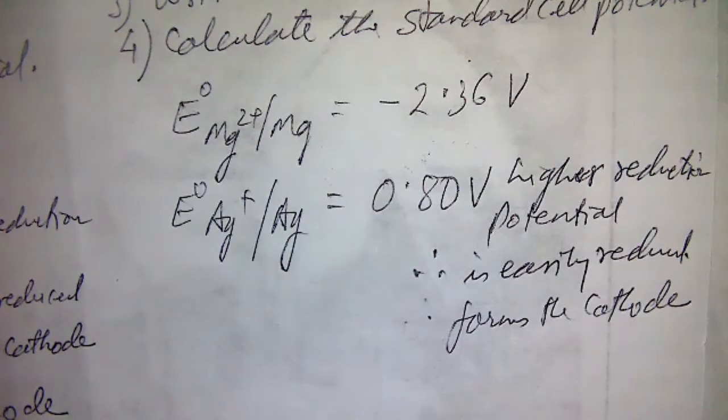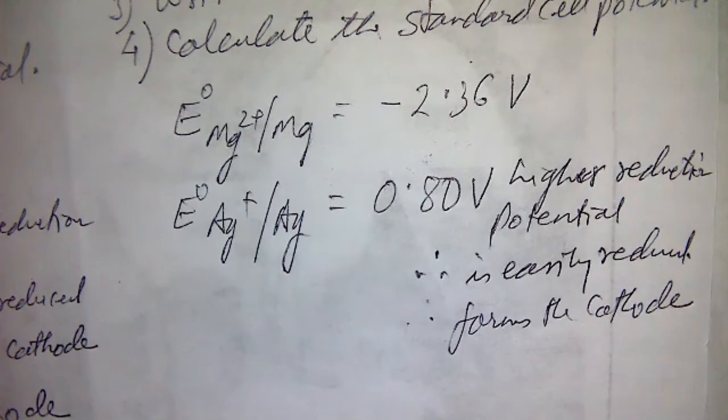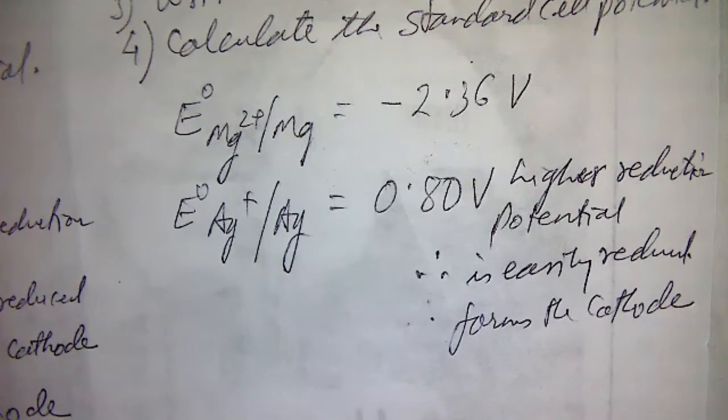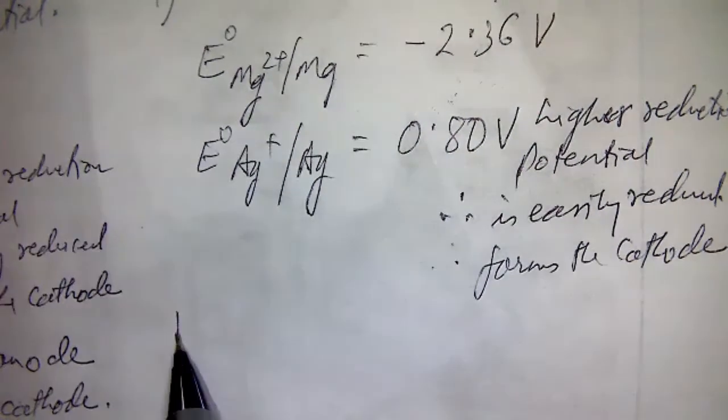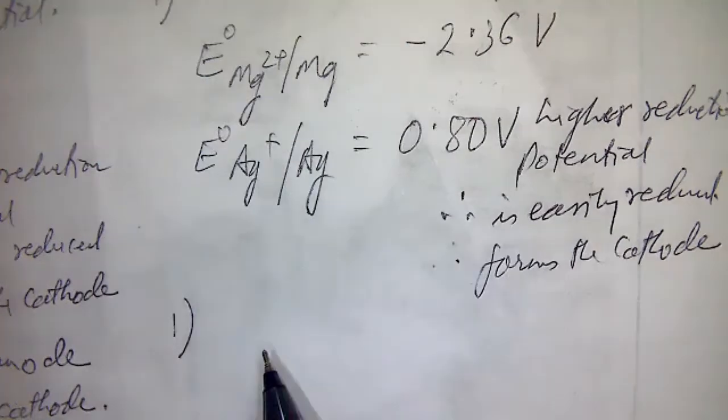If the oxidation potential is given, then the higher one will be oxidized, isn't it? But here what is given? Reduction potential. So whichever is higher is reduced. So you know which one is your cathode. Then what will you do? Once you got this, you can easily write down the answer for your first one. What will happen?